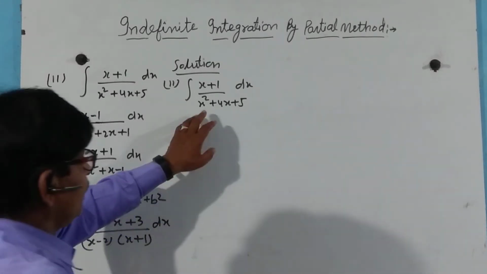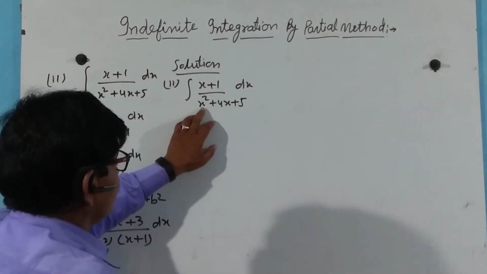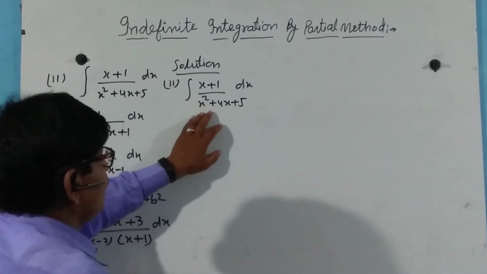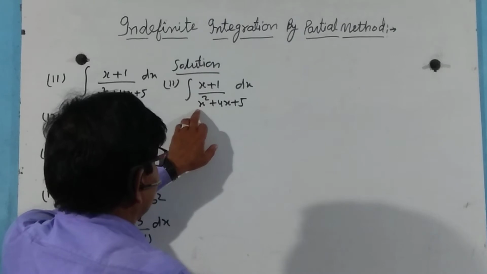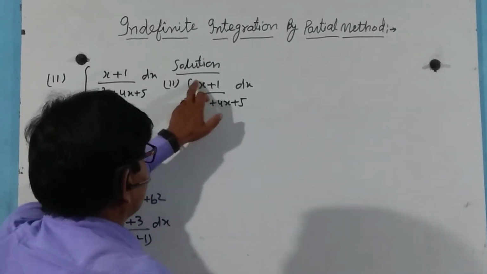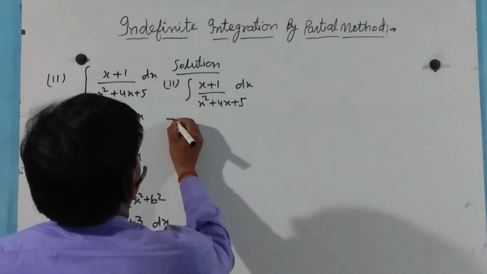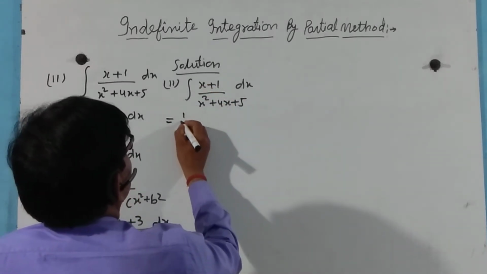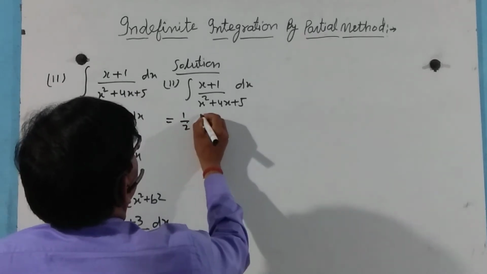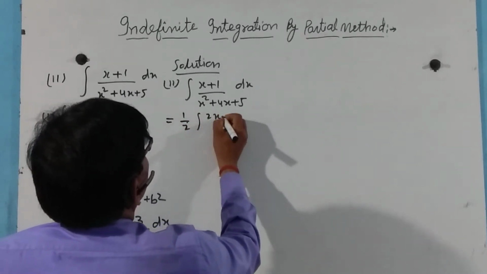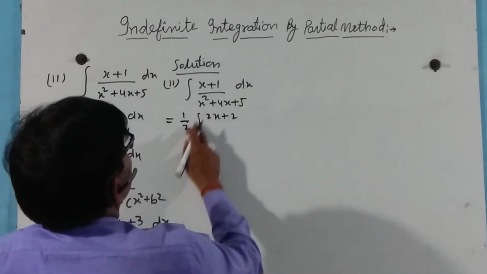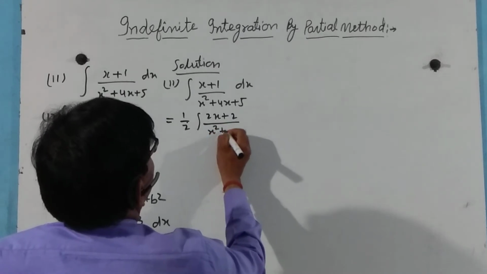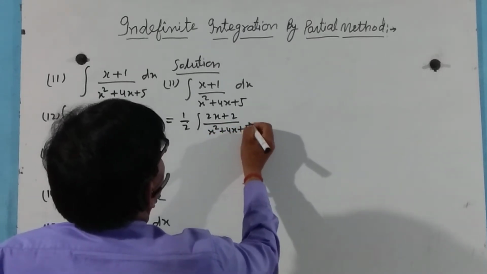Now if we integrate here, this is equal to... Differentiate x square plus 4x plus 5, so that here comes 2x plus 4. For this, 2x means we divide by 2, and this can be written as 2x plus 2, divided by x square plus 4x plus 5 dx.